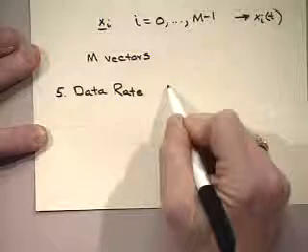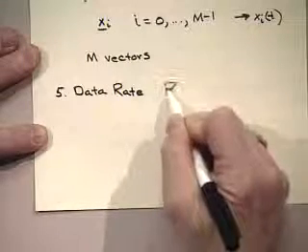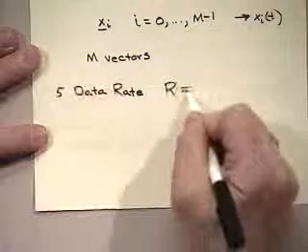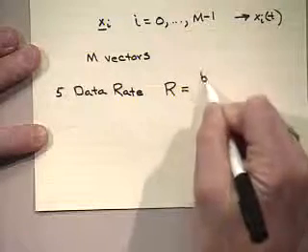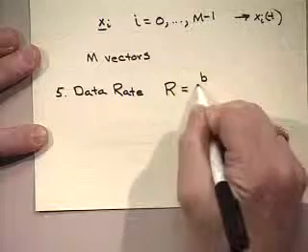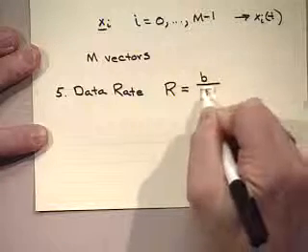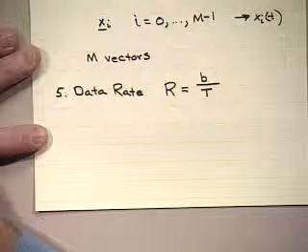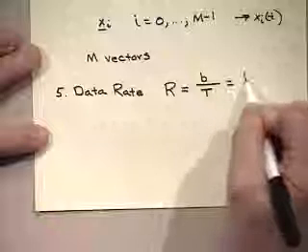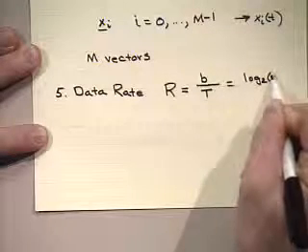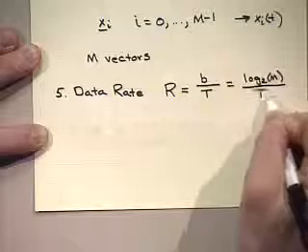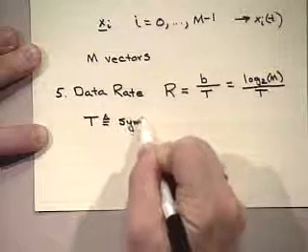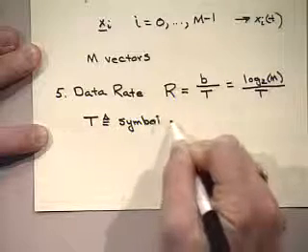The data rate of a communication system, sometimes referred to as R for rate, is defined as B, which we know is log base 2 of M, over some time period called capital T. We can write this as log base 2 of M, the number of messages, over T, where T is the so-called symbol period.